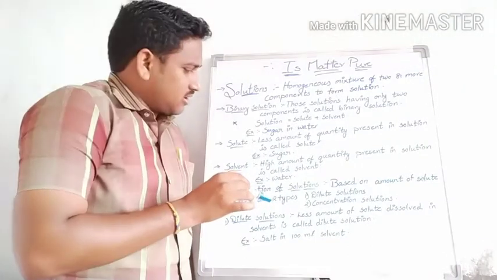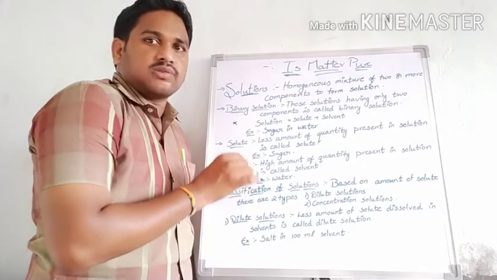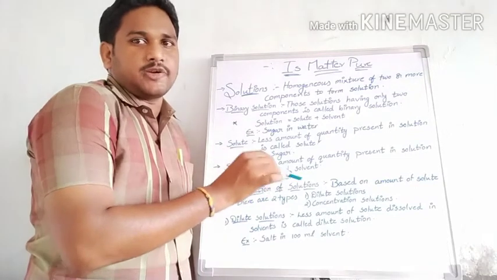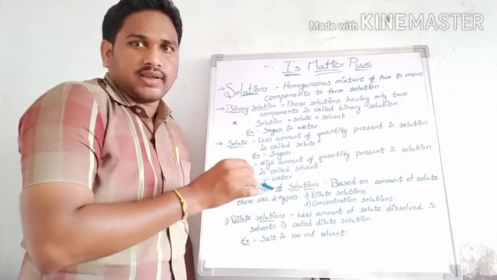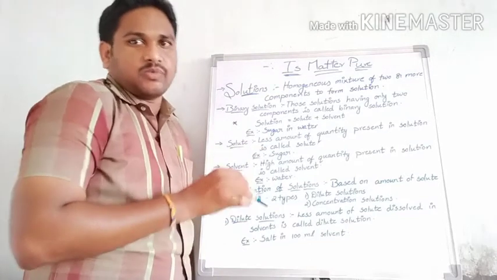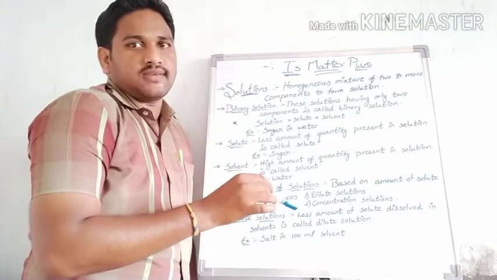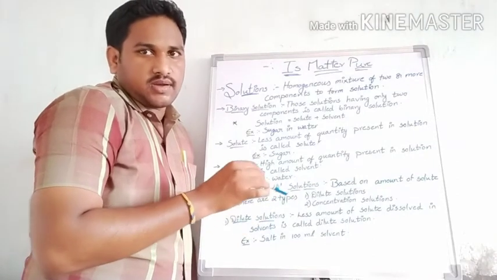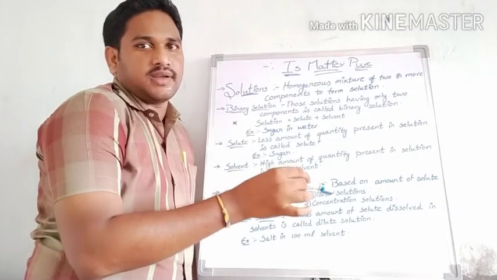For example, in the preparation of a sugar solution, sugar is added to the solvent. The sugar is only taken in a less amount. That less amount of quantity acts as a solute. That less amount of quantity is dissolved in the solvent.